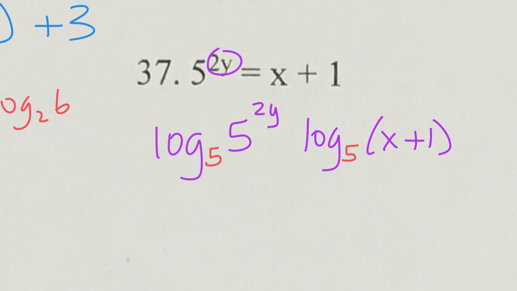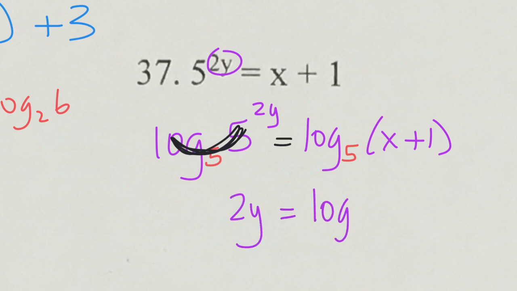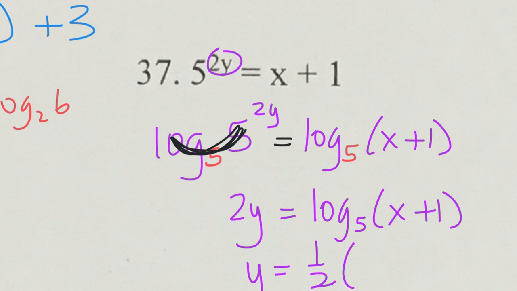Because when we take the log base 5, the 5 and the log base 5 cancel out, and your answer is just the 2y. Then dividing everything by 2 gives 1/2 times log base 5 of x plus 1.